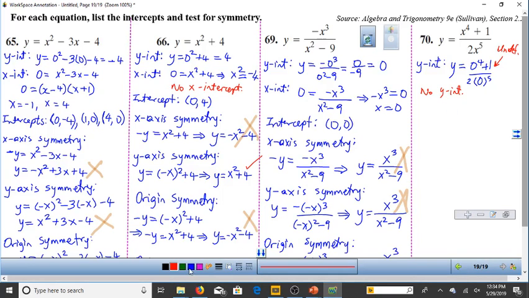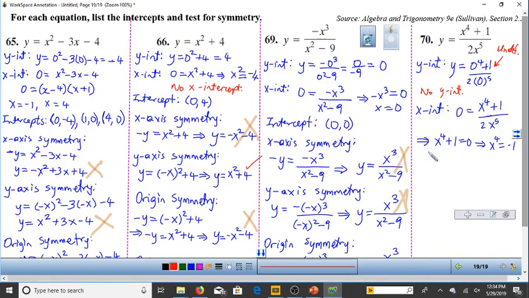And then we can try for the x-intercept. To try for the x-intercept, we replace 0 for the y and solve for x. Now again, as I said before, if you have a fraction that's equal to 0, it's only because of the numerator. And if x to the 4 plus 1 is equal to 0, that would mean x to the 4 is equal to negative 1, which gives no real number solution.